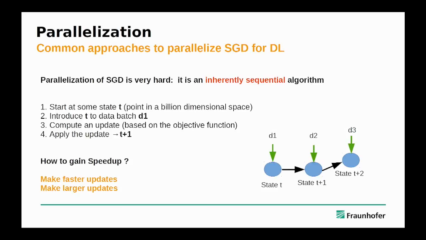Once you're here, you move one batch through the network, compute one gradient, make one update step, then you move the next batch, and so on and so on. The only way to speed this up is to either make faster updates or to make larger steps. Those are the only two ways to speed up this algorithm, and both of them are problematic.